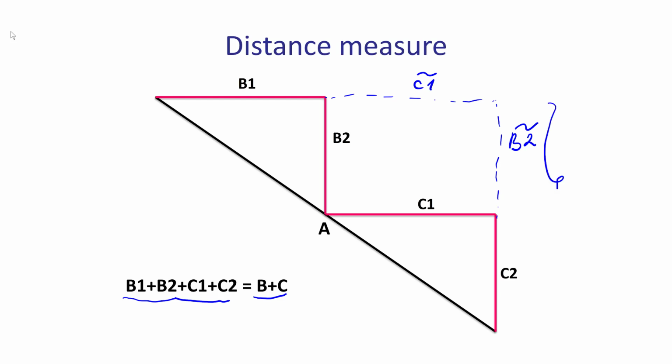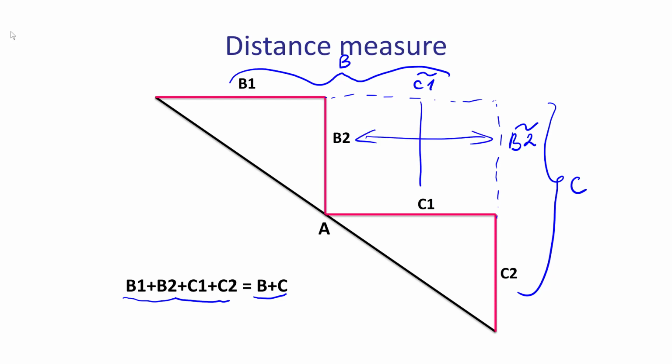So those two together are basically our previous C, and those two together our previous B. So our B equals B1 plus C1 tilde, which is C1, and C equals C2 plus B2 tilde, which is B2, because those two are the same and those two are the same. So the overall distance is exactly the same. So the red line and the blue line total distance is exactly the same.